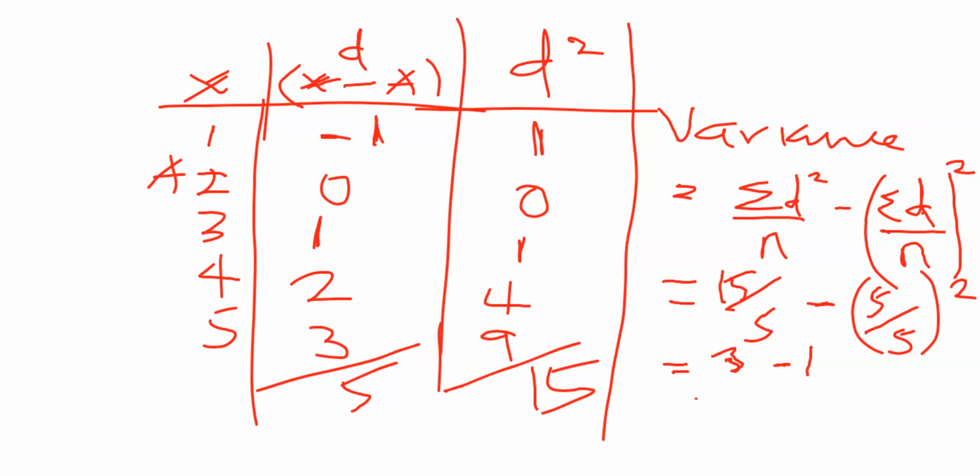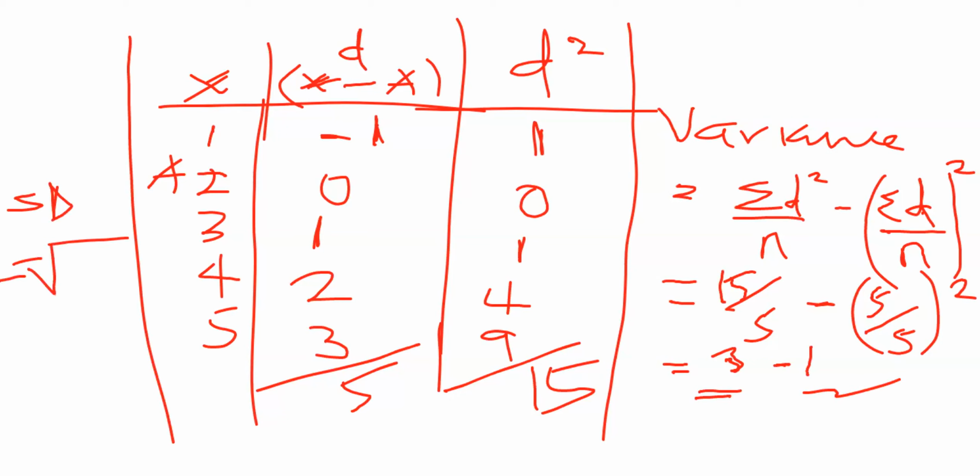Truly, our variance is 2. If we go to this corner, our standard deviation will be equal to the square root of variance, which is the square root of 2, and the square root of 2 is 1.141.